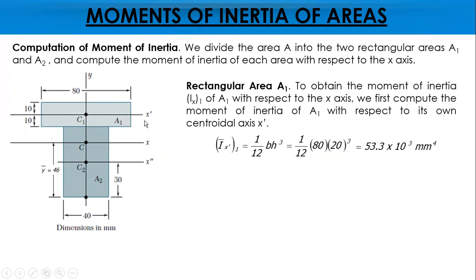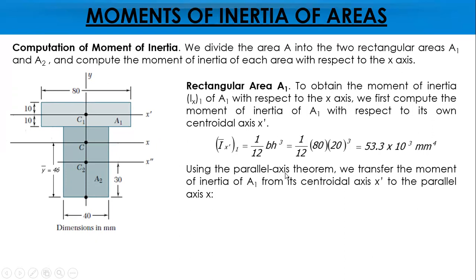So we can now compute for the moment of inertia of element 1 with respect to the centroidal x-axis. We use the parallel axis theorem. So we transfer the moment of inertia of 1 from its centroidal axis x prime to the parallel axis x.